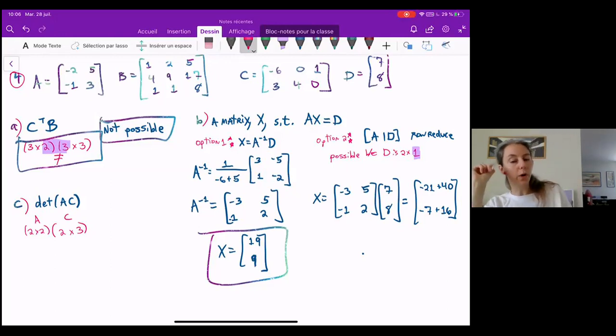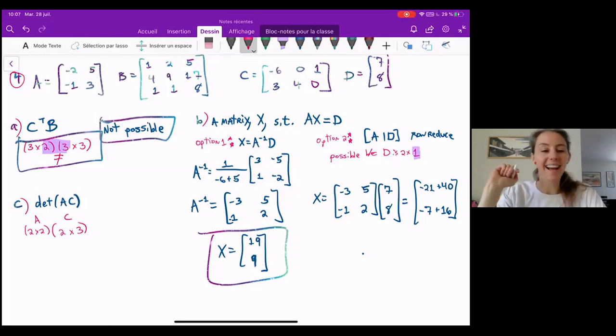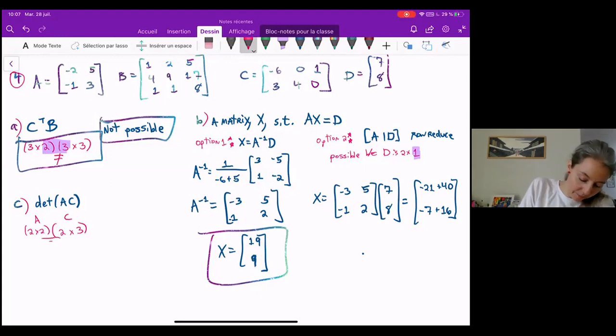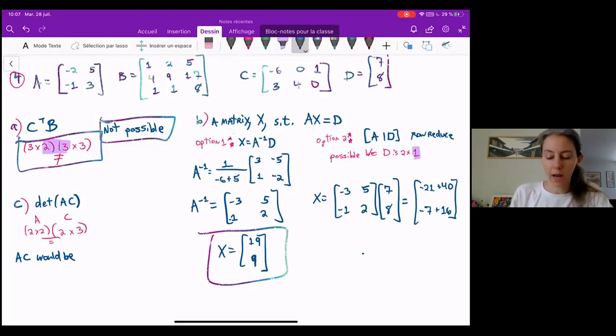So no, I should not, because what size is AC? The 2's in the middle are equal, and remember, we look at the outer things to figure out what the new size would be. AC would be 2 by 3.